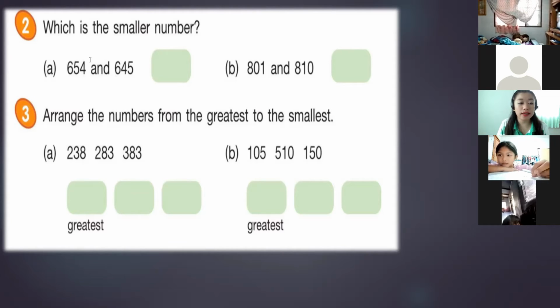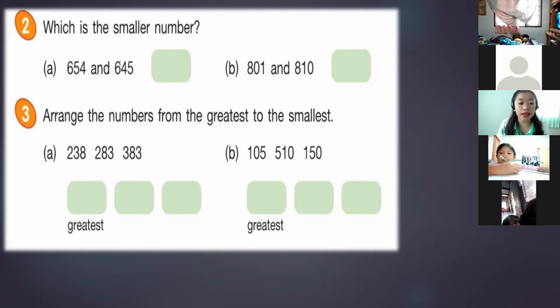Let's see the ones place. In 654, the ones place is 4, and in 645, the ones place is 5. So the greater number is 5 and the least number is 4.